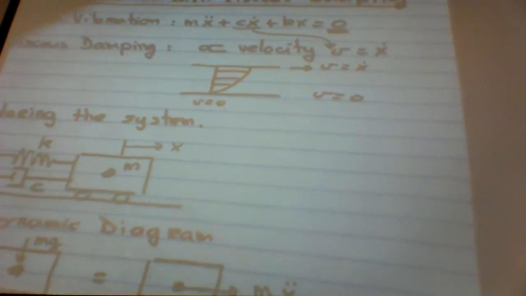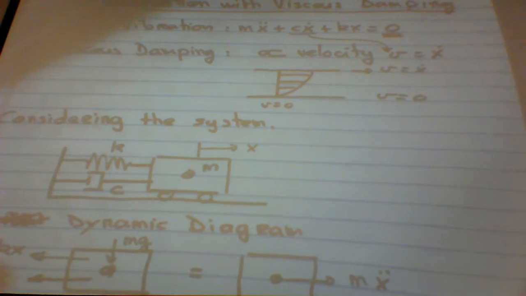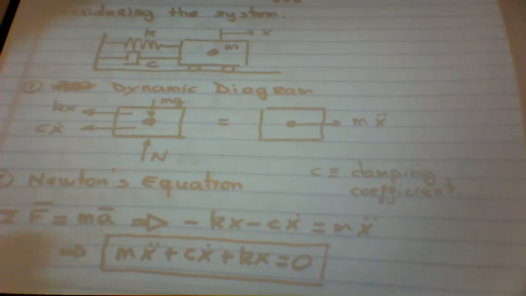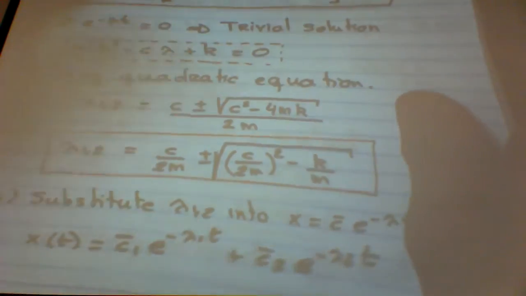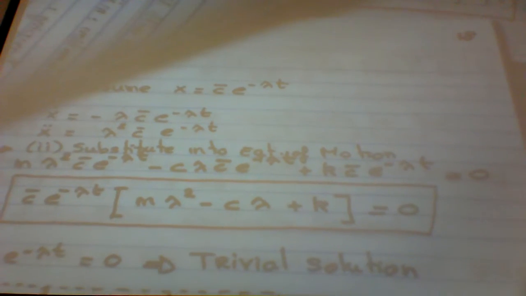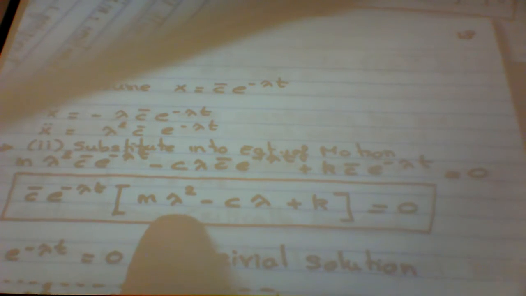All right, remember when we solved this problem for the 1 degree of freedom? We did the free body diagram, we found the equation of motion, we assumed the solution, we substituted it, and we found this equation, which in mathematics is called the characteristic equation.